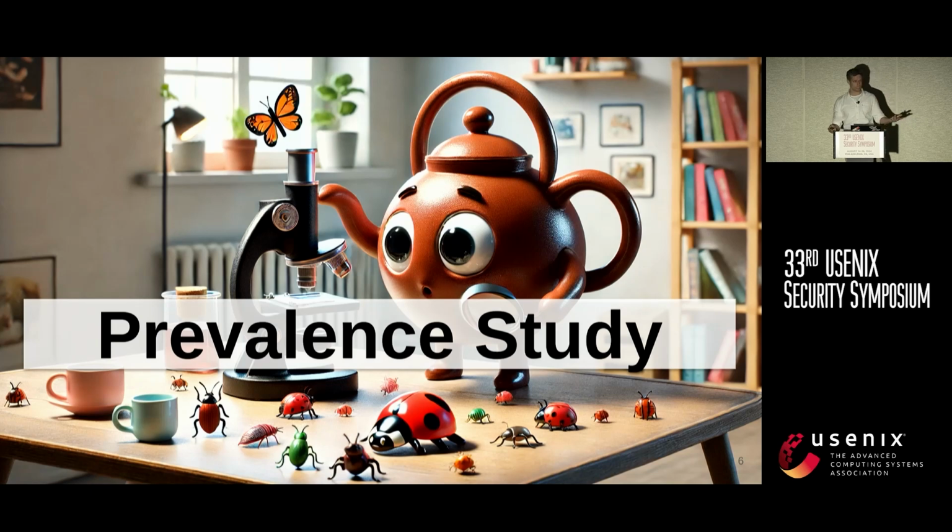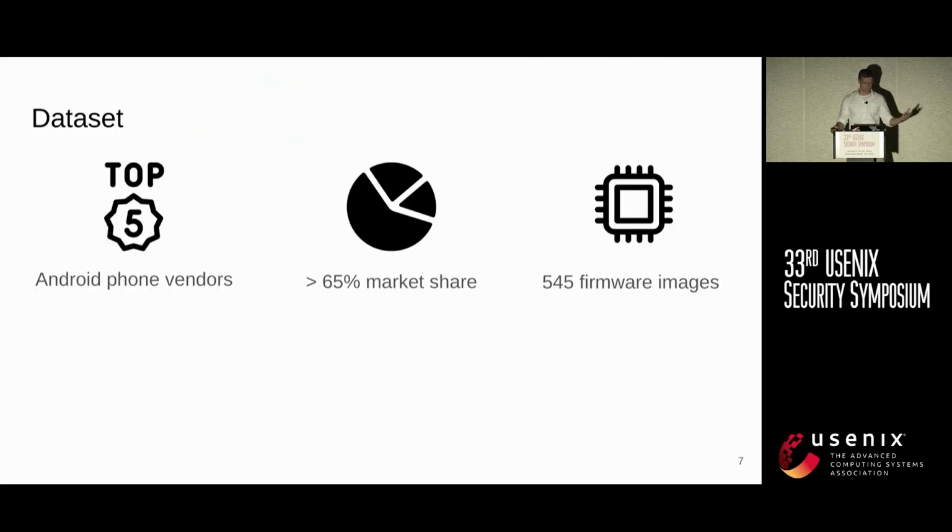So after realizing that this bug is reoccurring all across the ecosystem, all across vendors, we wanted to know, okay, how severe is this really? So we created a data set. We looked at the 5 topmost Android phone vendors, which comprise 65% of the global market share.